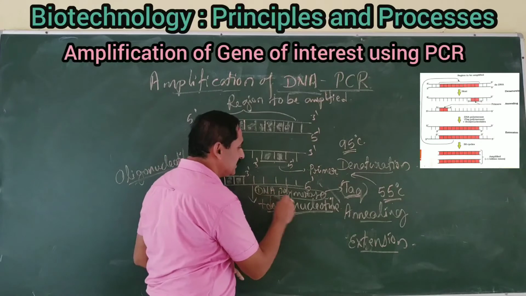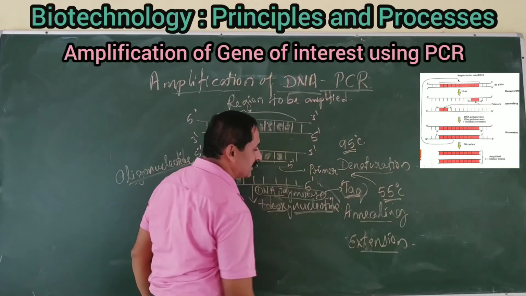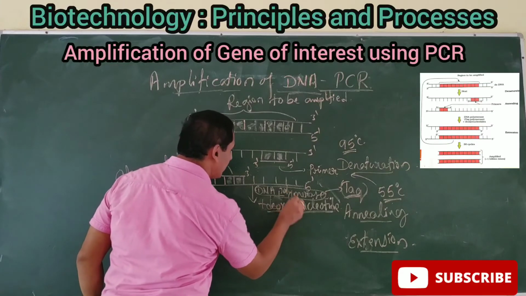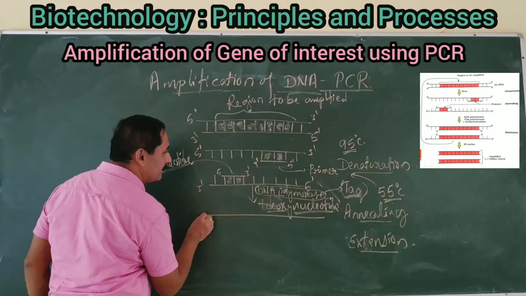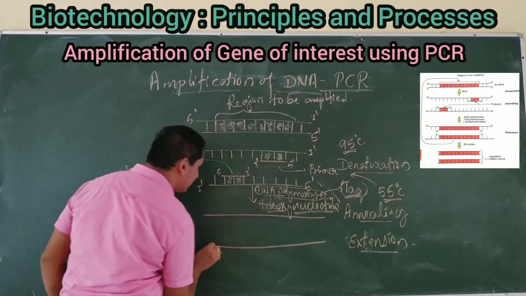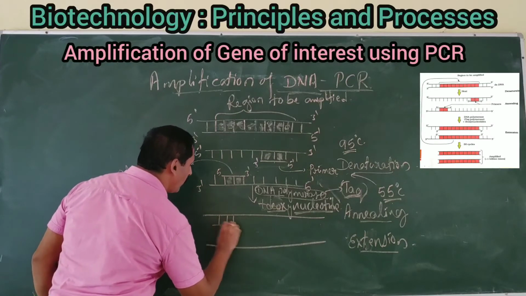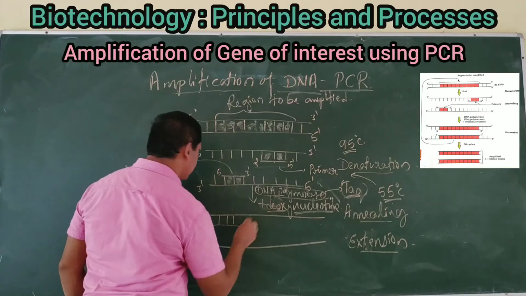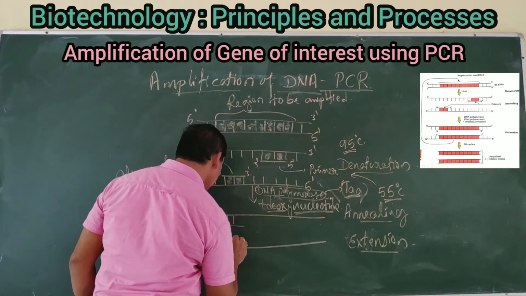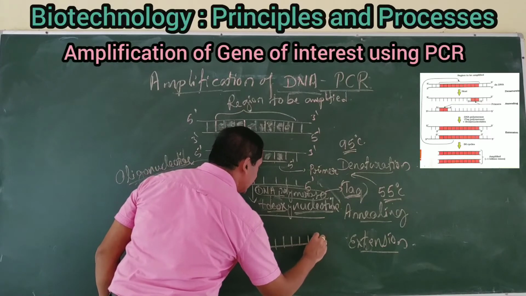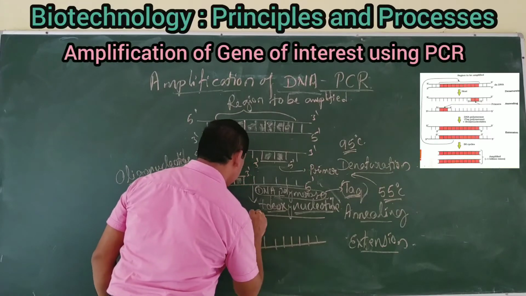So after that, in the extension process, the Taq polymerase, the DNA polymerase, forms a new bond. This Taq polymerase continues the nucleotide sequences in the two strands of DNA.